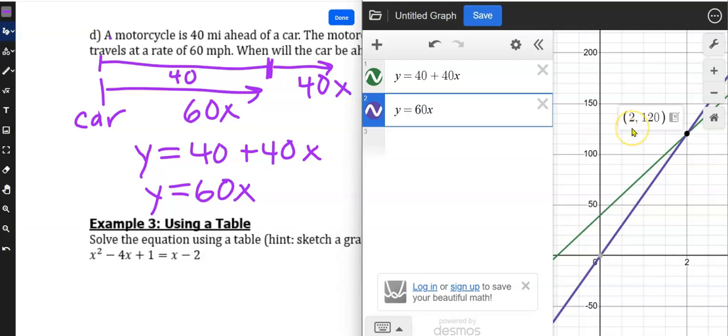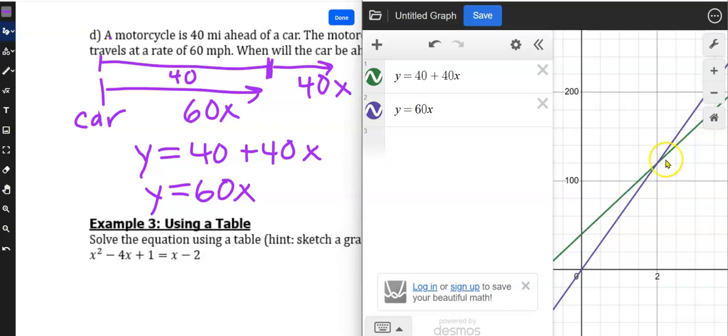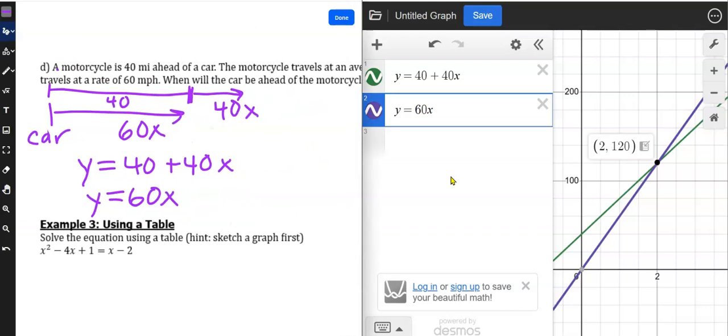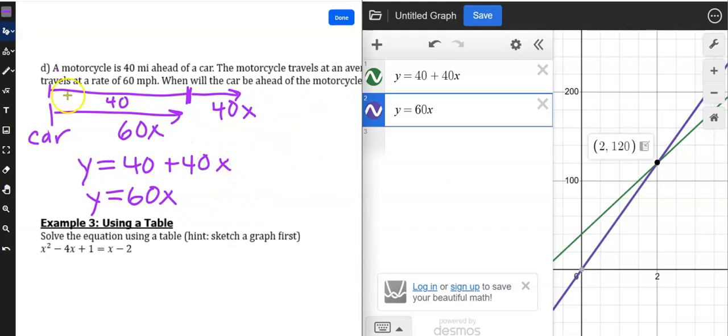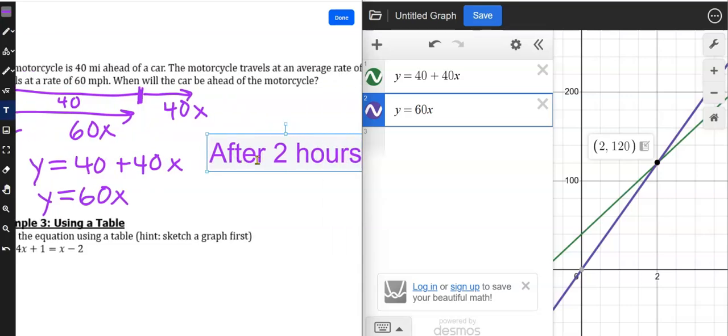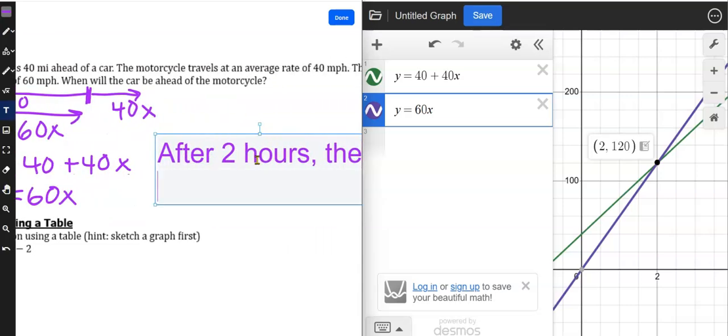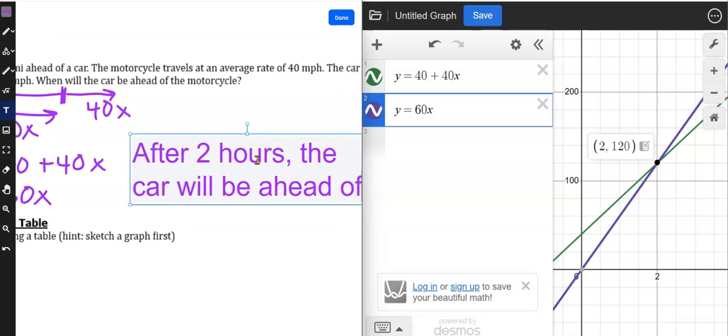So it looks like after 2 hours, it'll be 120 miles. Now, remember, what was the question? When will the car be ahead? So my answer to this question is going to be after 2 hours, comma, the car will be ahead of the motorcycle.